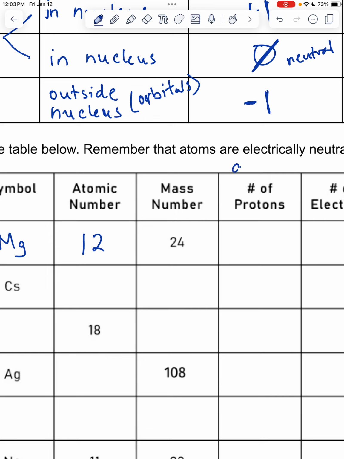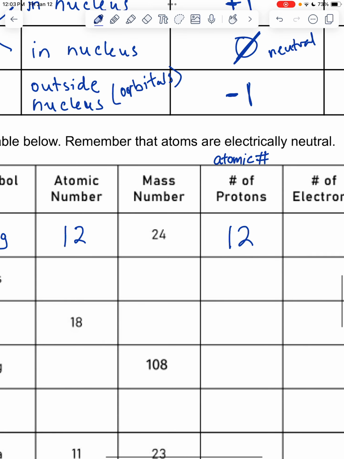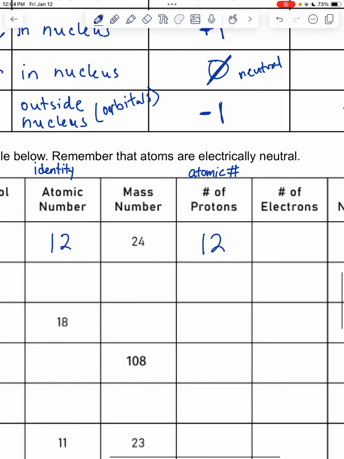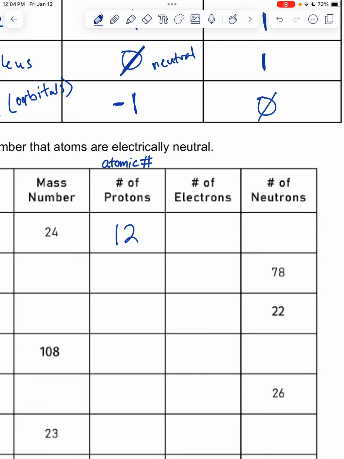So the protons and the atomic number are exactly the same always. So if I know one, I know the other. And that's the identity of the element.